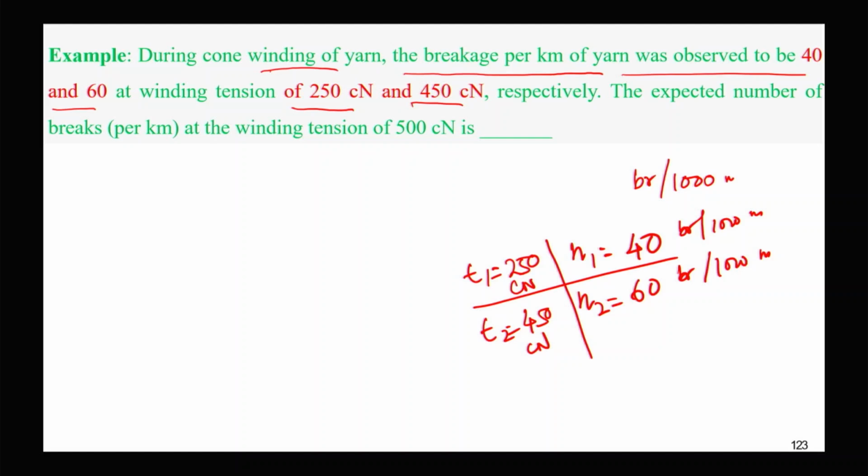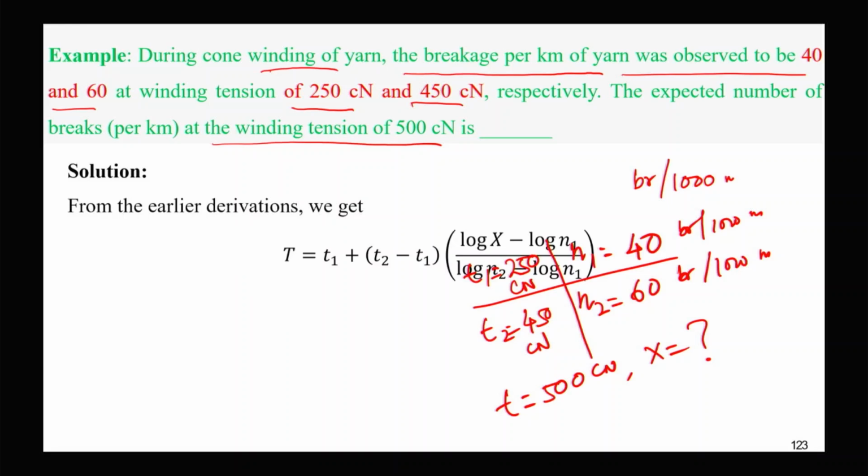The question is the expected number of breaks per kilometer at a winding tension of 500 centinewton. So we will simply use the relationship we have discussed.